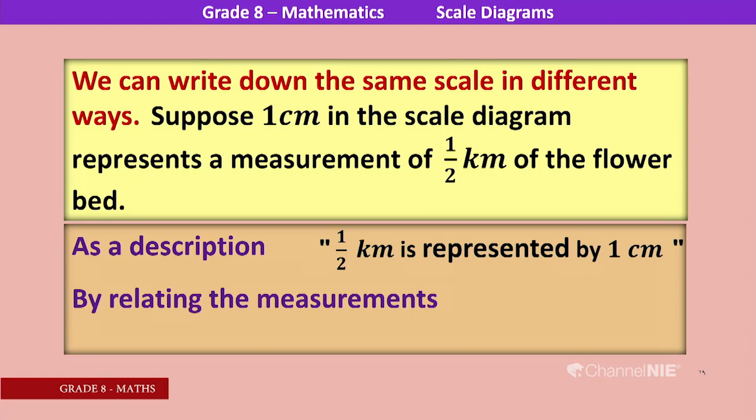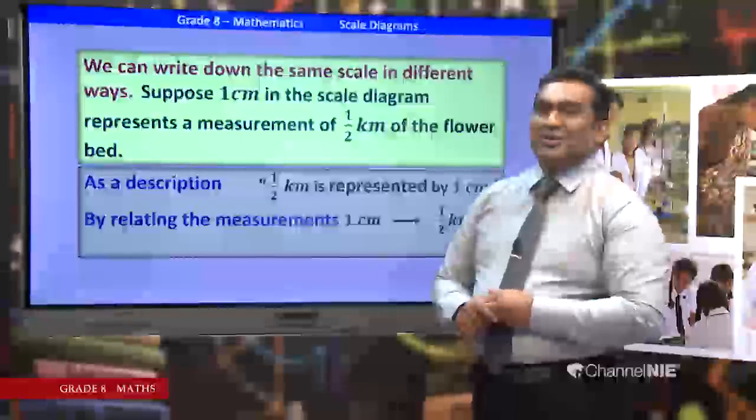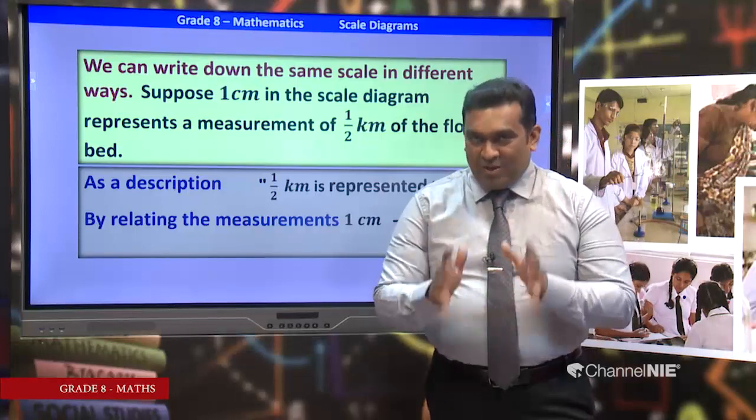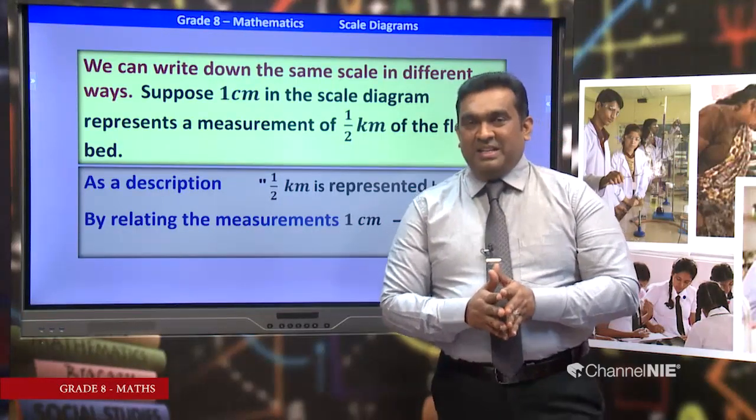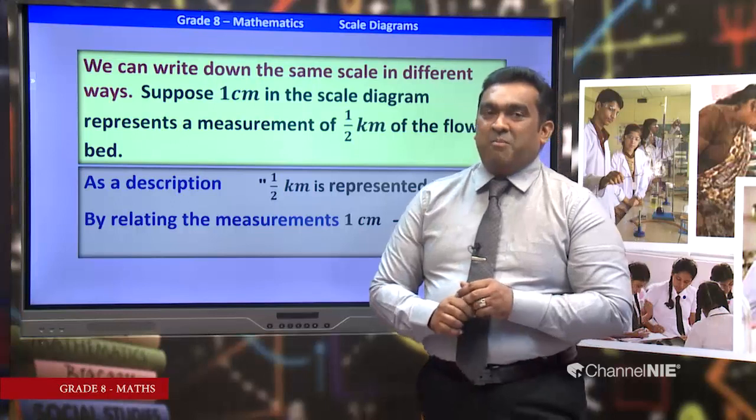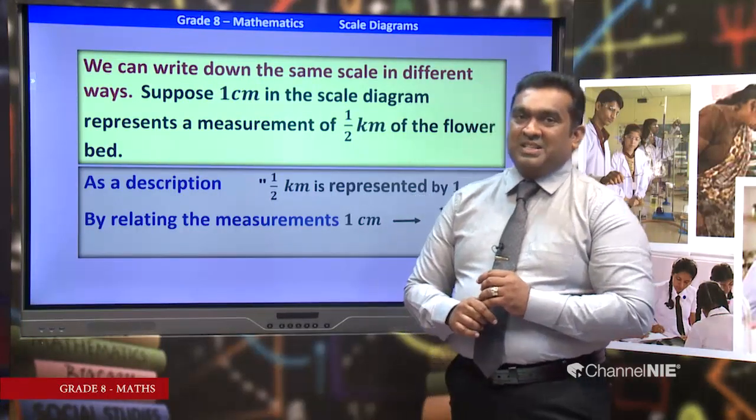By relating the measurements: 1 centimeter arrow half kilometer, where the arrow means represented. Relations, you know, making relations. In A-level classes also you have relations. If you want to represent a relation, you have to use an arrow, right?